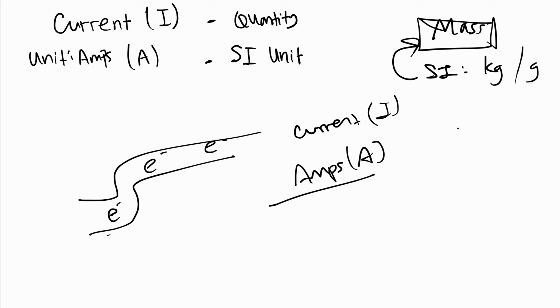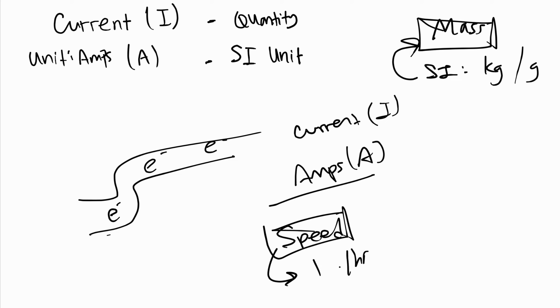To give another example, we could have speed. The speed is the quantity, the idea of how fast something is moving. But you don't measure something with the unit speed. You need something to measure the speed, right? So the unit for speed is going to be like kilometers per hour, or more commonly, meters per second.